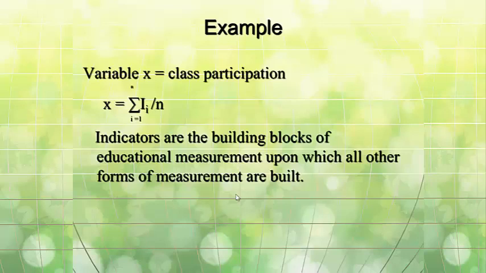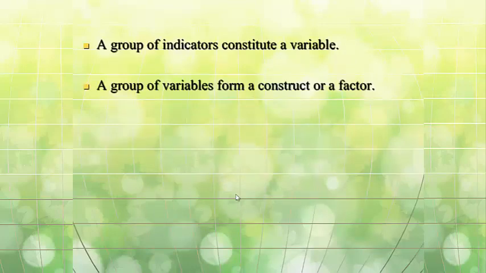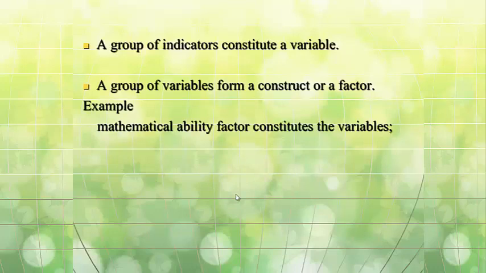Indicators are the building blocks of educational measurement upon which all other forms of measurement are built. A group of indicators constitutes a variable. A group of variables forms a construct or a factor.